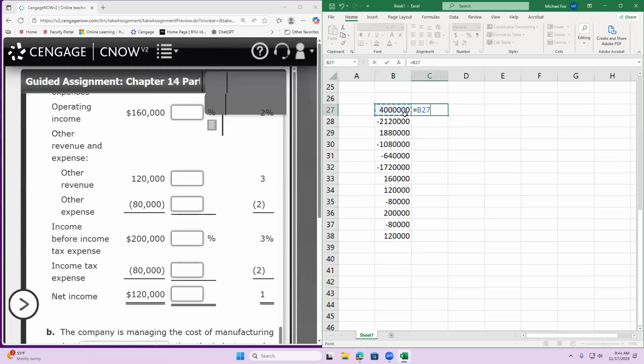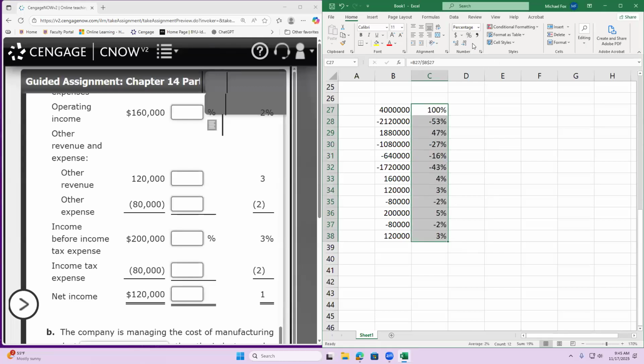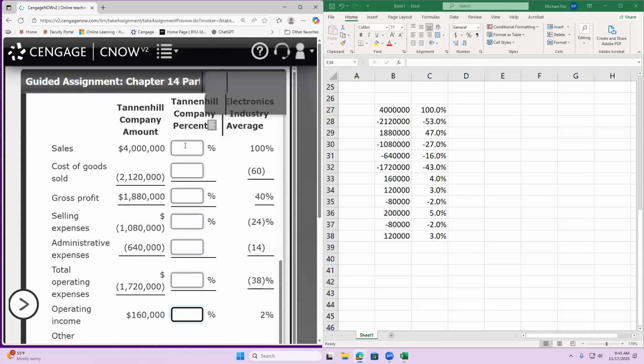So I'm going to say this equals the numerator, the sales amount, divided by the denominator, which is the sales amount. And then I'm going to lock in my cell for the denominator. So now my sales is 100%, which is what we'd expect.